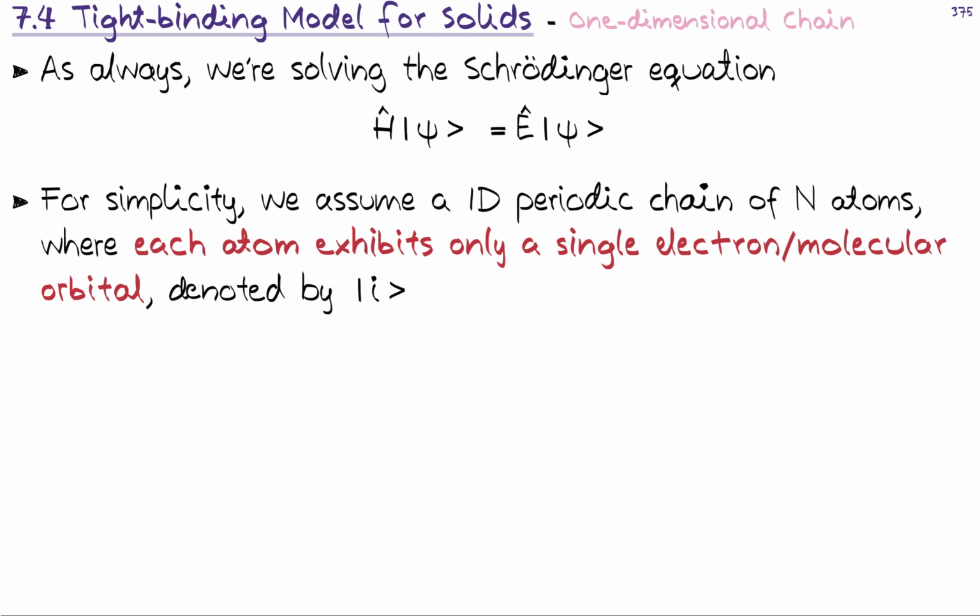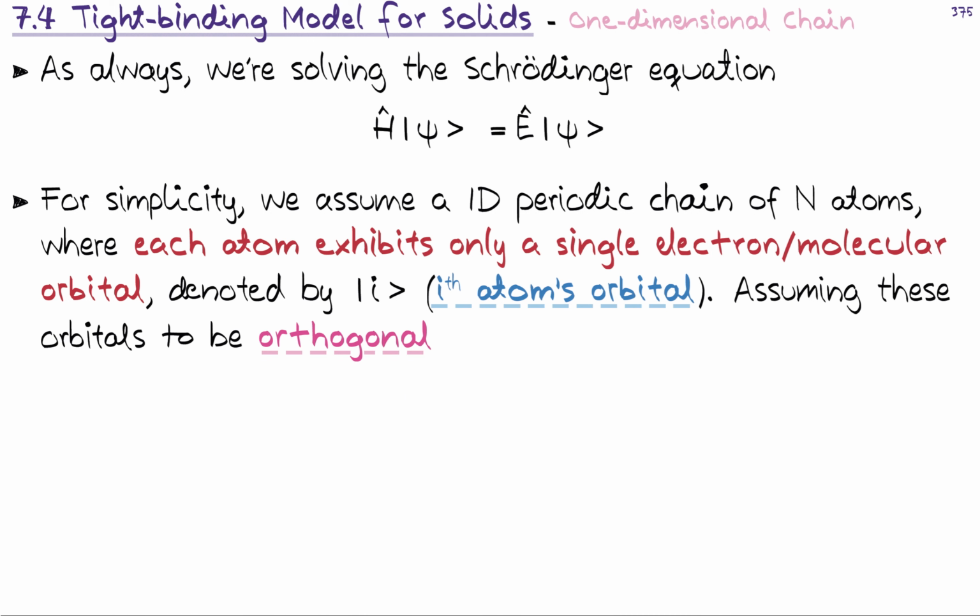If you are familiar with the bracket notation, this is a ket of i. Physically, this corresponds to the ith atom's orbital. So we have n atoms, and this ket i is essentially the ith atom's electron state, the single orbital it can reside in.